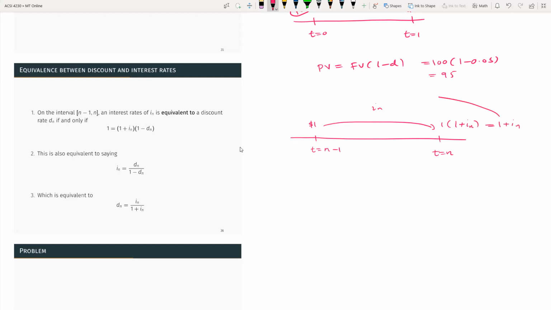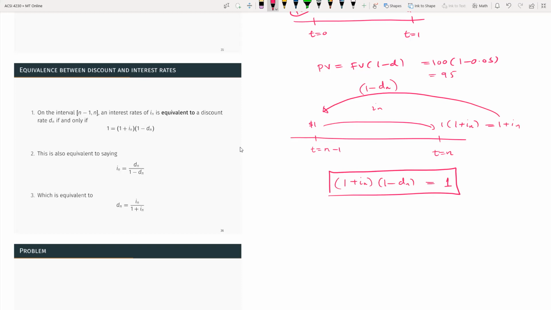Now, if I want to discount it back to the same value, I have to use 1 minus the discount rate, the effective discount rate for that time period. So when I multiply those two terms, 1 plus i_n times 1 minus d_n should be 1. So that's the first formula. So right away you can see, you can write i_n using d_n, d_n using i_n. So you get these two expressions.